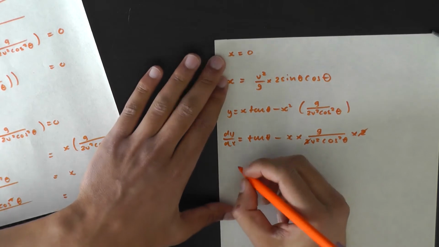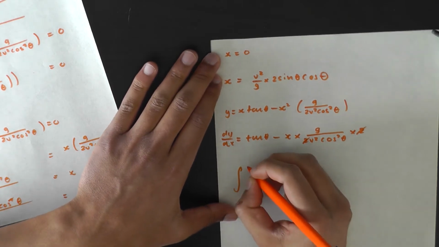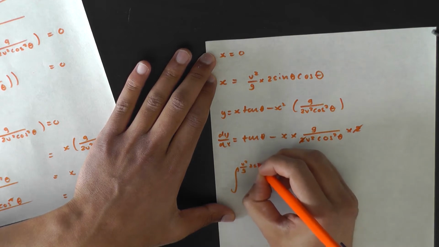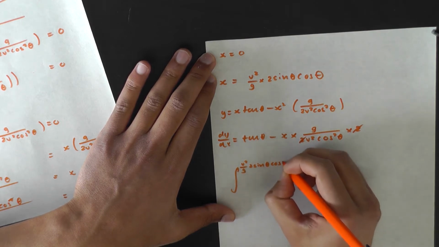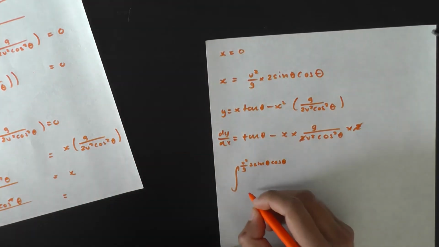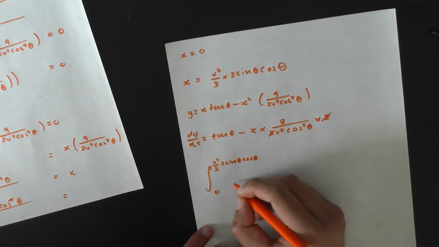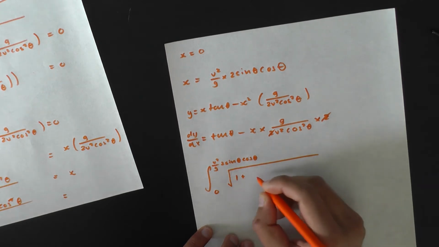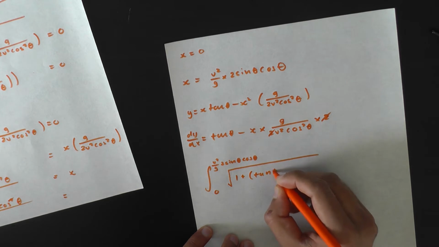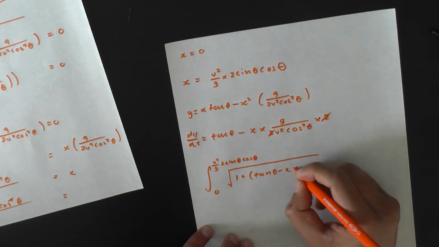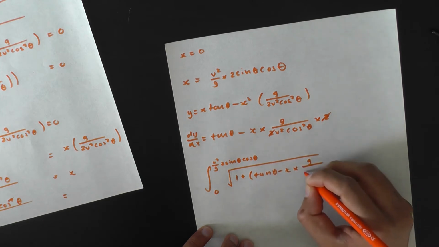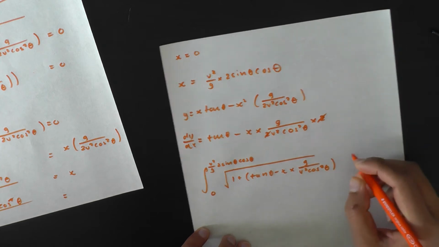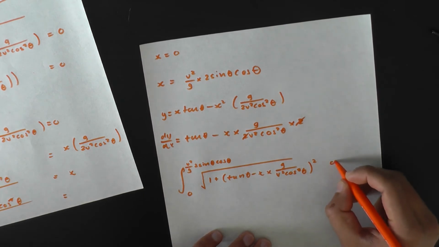So now what would our integral look like? It looks a bit like this: the integral from 0 to v squared over g times 2 sine theta cos theta of the square root of 1 plus tan theta minus x times g over v squared cos squared theta, all squared, dx.